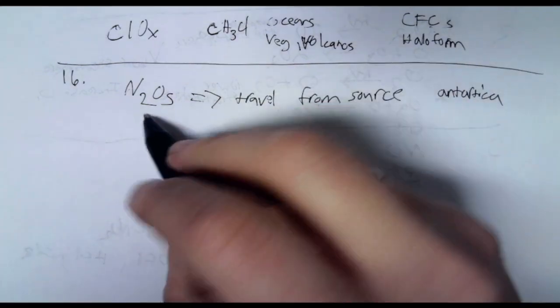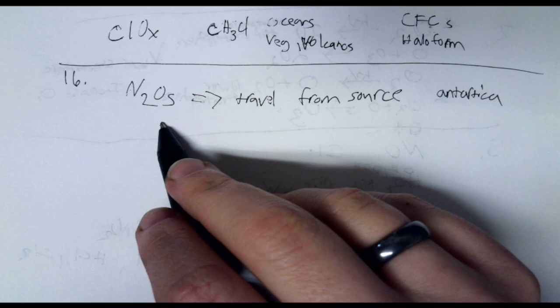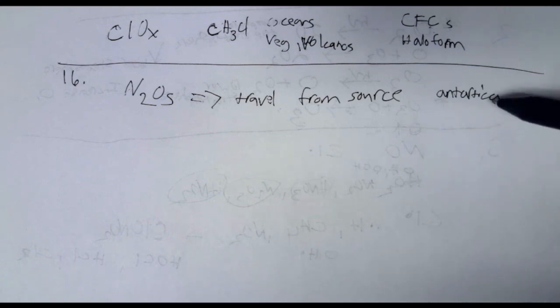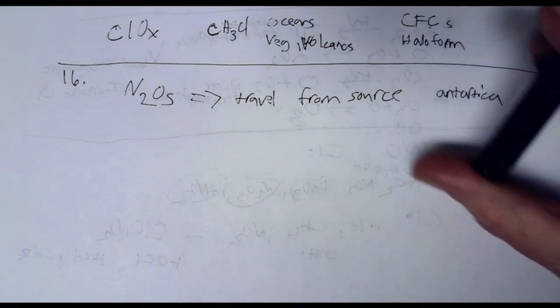So in this case, it's storing it for later without removing it, and it can travel to somewhere where it's maybe a bigger problem. If it all builds up in Antarctica, suddenly we have a big problem as opposed to a spread out problem. Instead of everyone's problem, it's just one person's problem. In this case, that person is Antarctica, a continent.